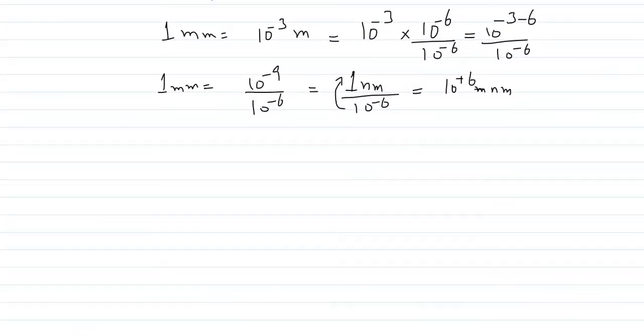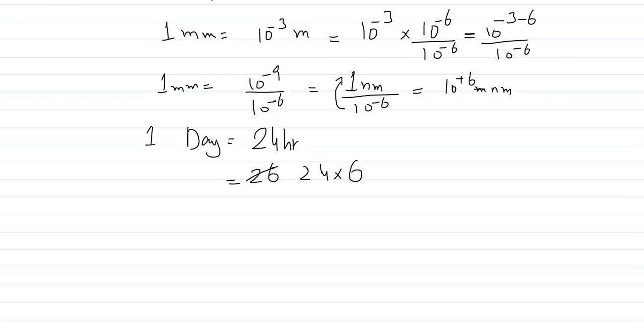Now we convert day into seconds. You know that 1 day contains 24 hours, so I write here 24 hours, and then we convert it into minutes: 24 multiplied by 60 minutes.